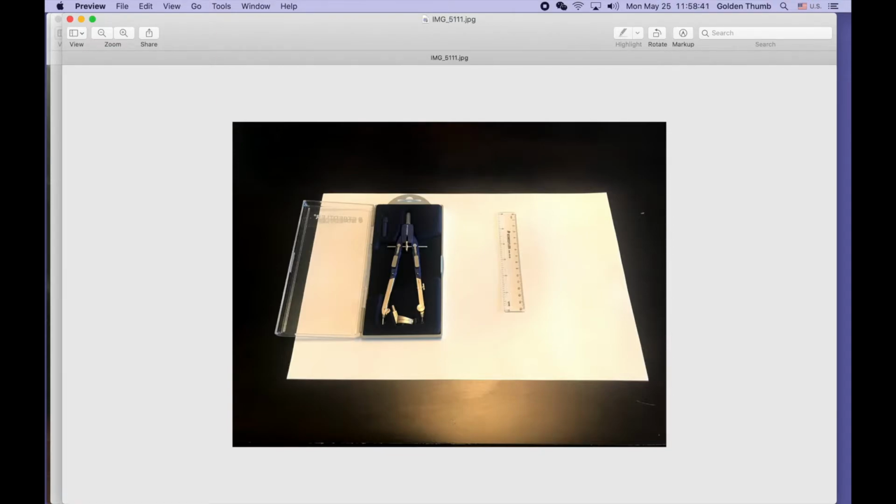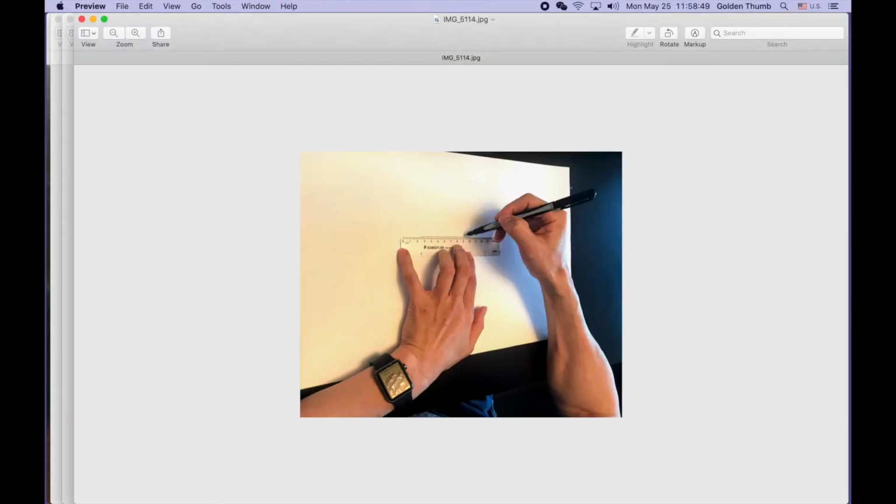I learned that in my university. So trust me. This is how we draw a straight line. I am right-handed. So if you are left-handed, it's a different picture, right?